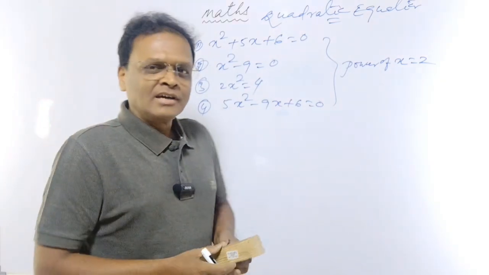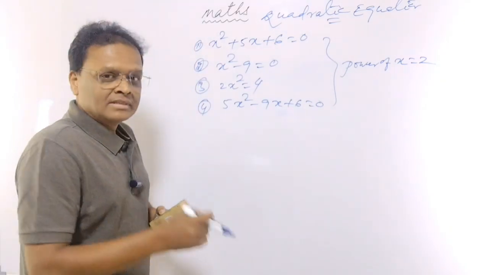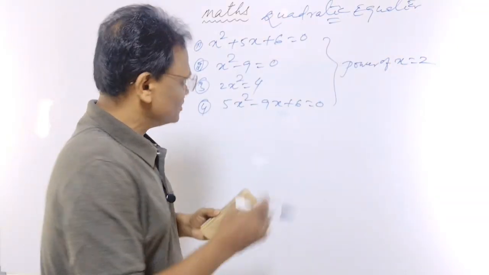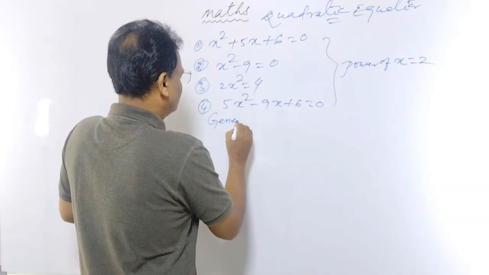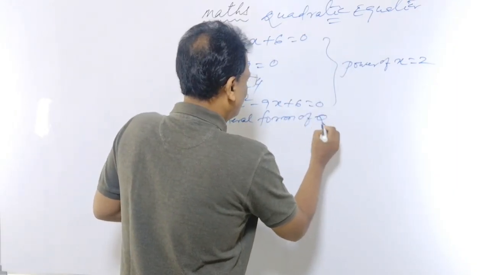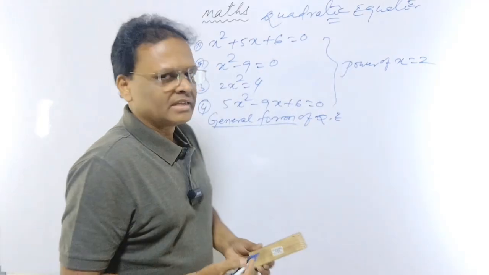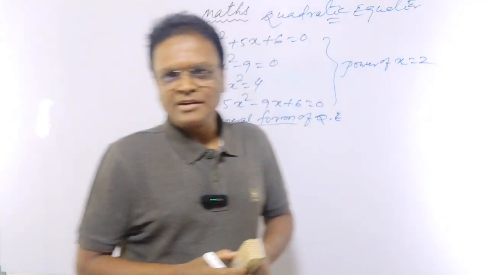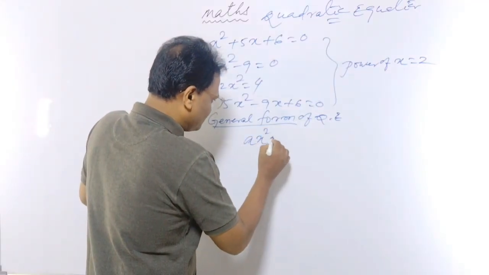Now the next is how to represent it. What is the general form of the quadratic equation? Let me write the general form. The next heading is the general form of the quadratic equation, or we can say the standard form.